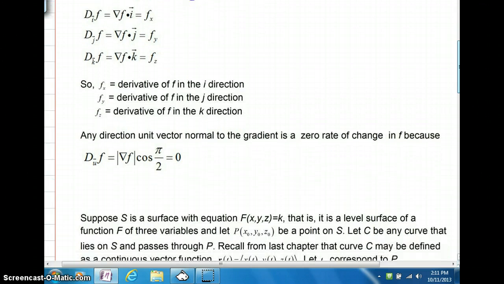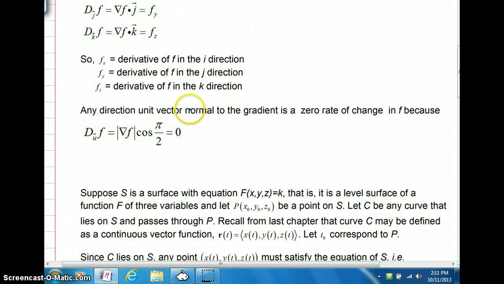Any direction unit vector. Wow, you know what? I wish I wouldn't have written this word normal. Let's replace it with the word perpendicular slash orthogonal. Got to fix up these notes a little bit.